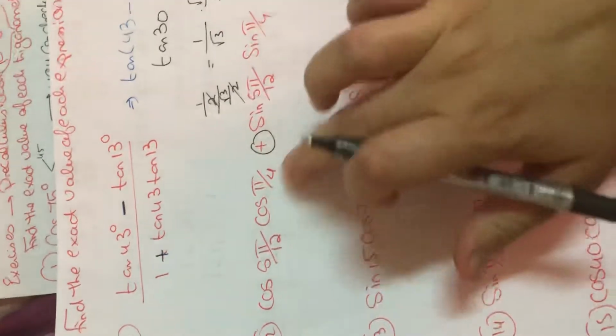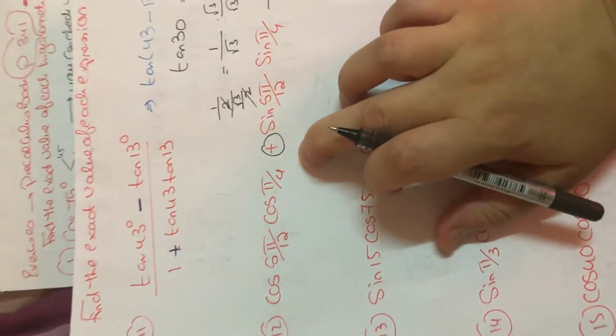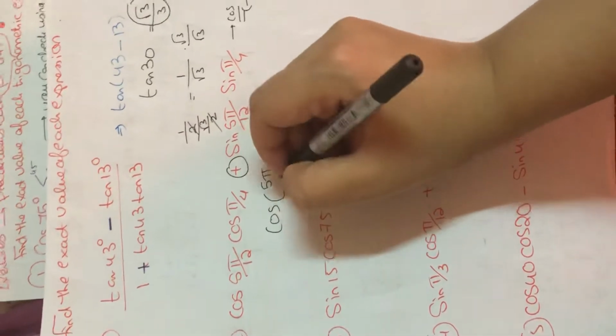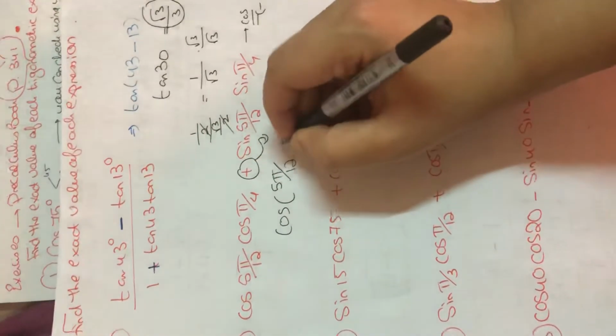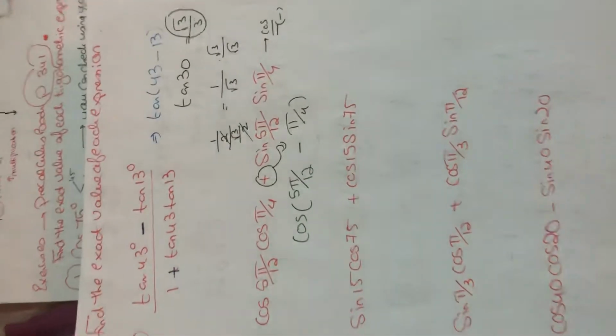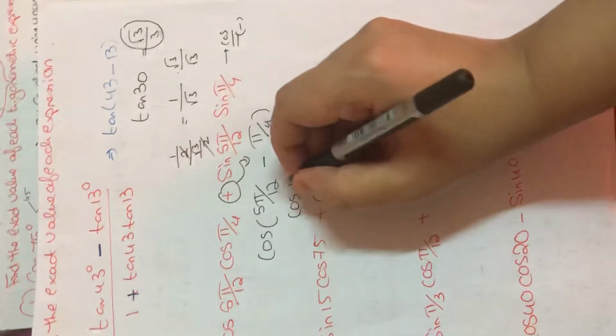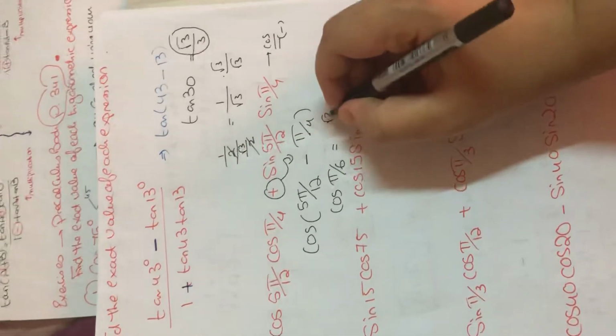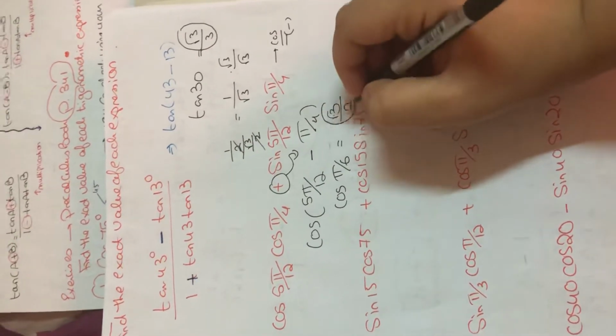What are the angles? These are the angles. So I would just write it as cosine 5 pi over 12, and the opposite sign of this is minus pi over 4. And if you subtract these, you're going to get cosine pi over 6, meaning cosine at 30. And cosine at 30 is root of 3 over 2. And this is the answer.